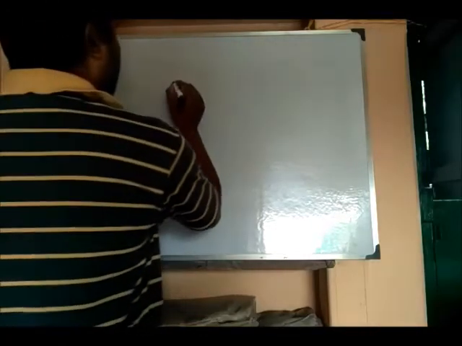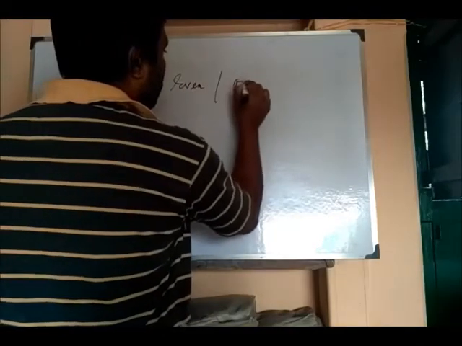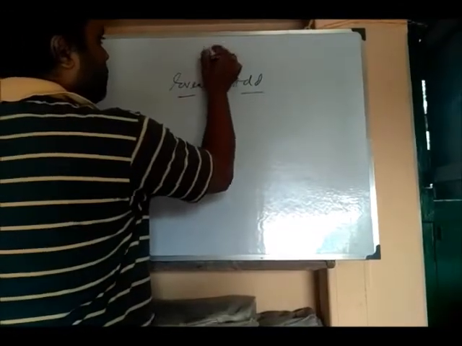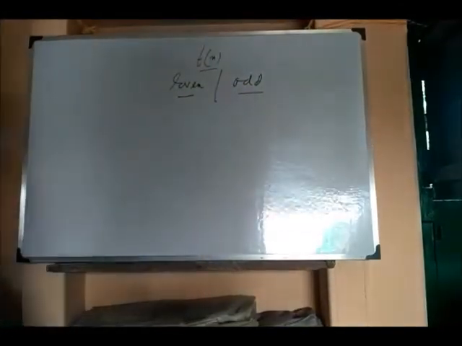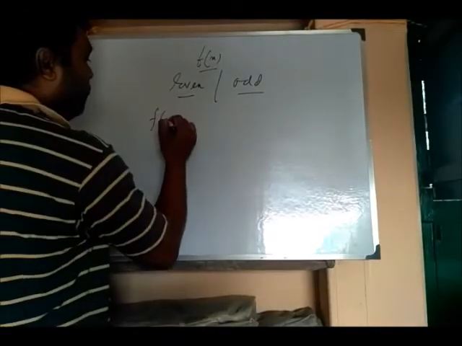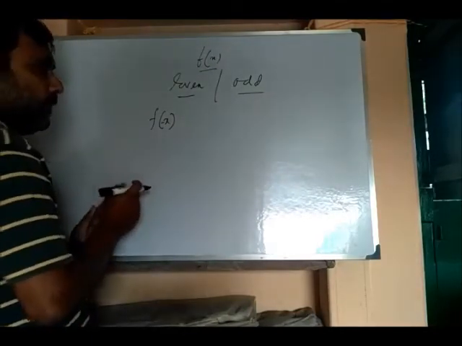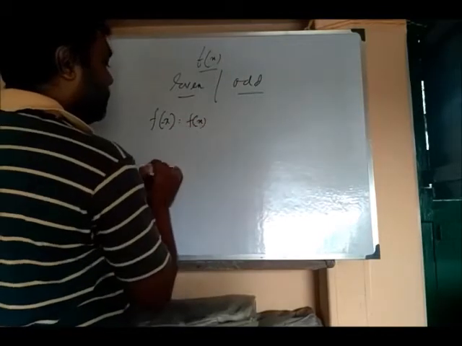Now I am going to tell you something different. If you can expand a Fourier series in either sine or cosine functions, then the function may be even or odd. What does it mean if f(x) is even or odd? An even function means that if you extend this function in the minus x direction, you get f(x).